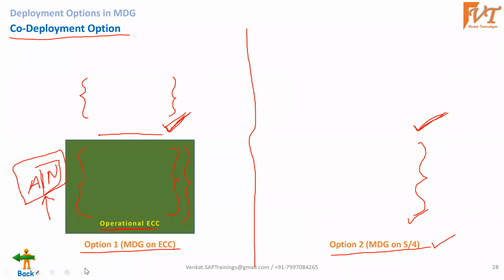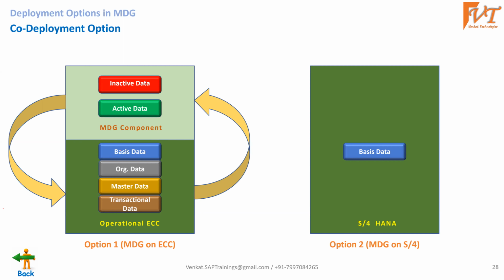Now coming back to our slide, in MDG we have two types of data, active data and inactive data.